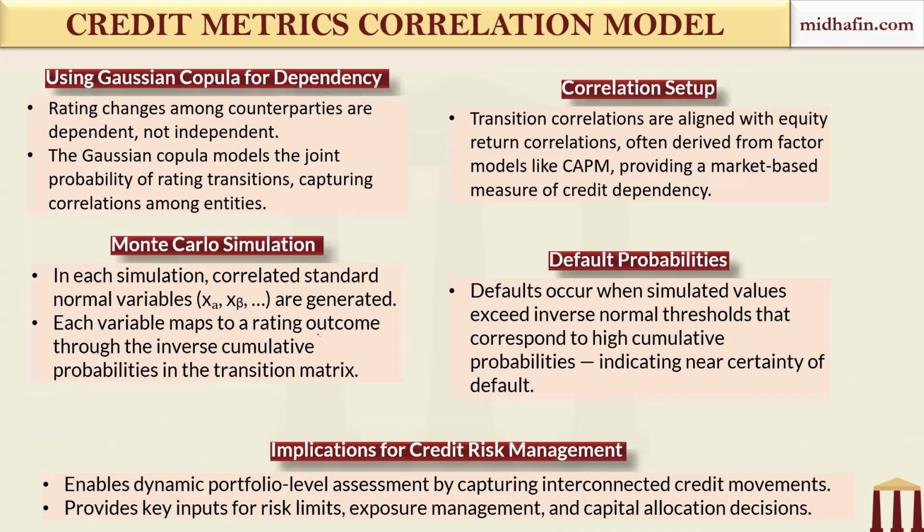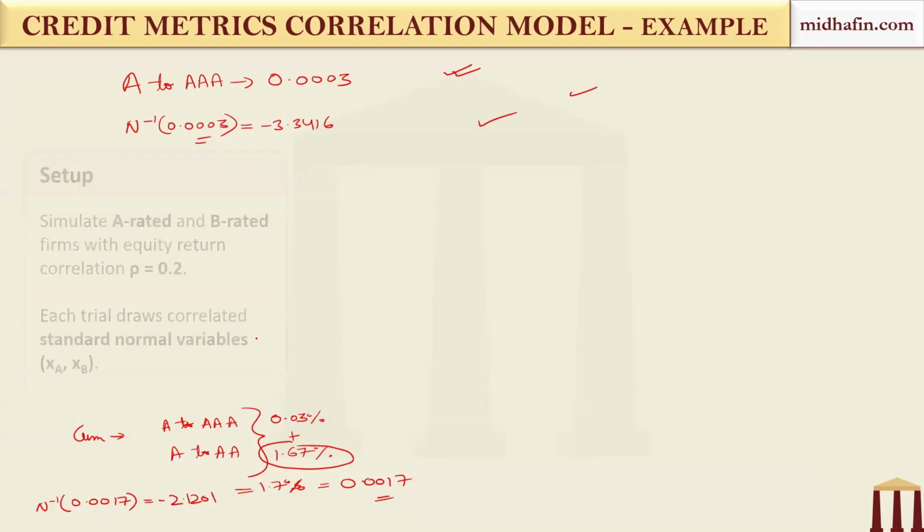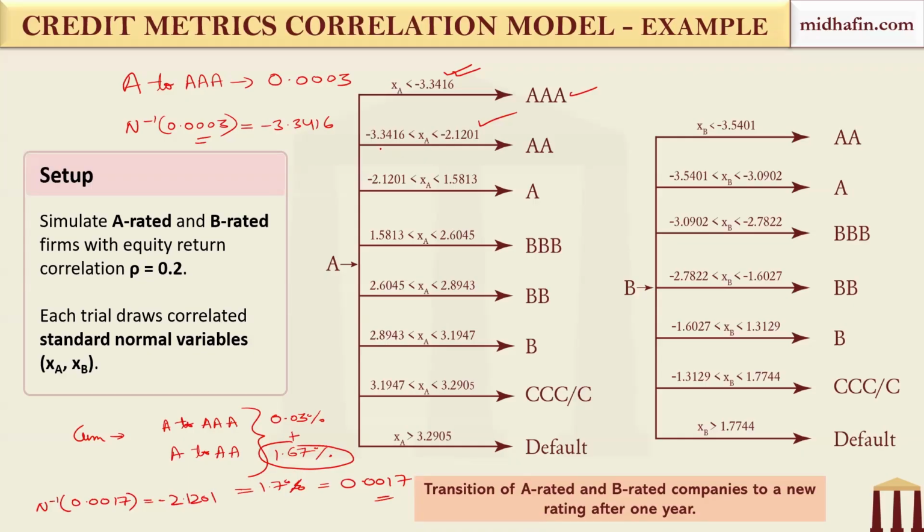And since the probability of A being upgraded to AA is 1.67%, if XA is between negative 3.3416 and negative 2.1201, it means that we are pointing to a probability of 1.67%, which means the probability of A being upgraded to AA.